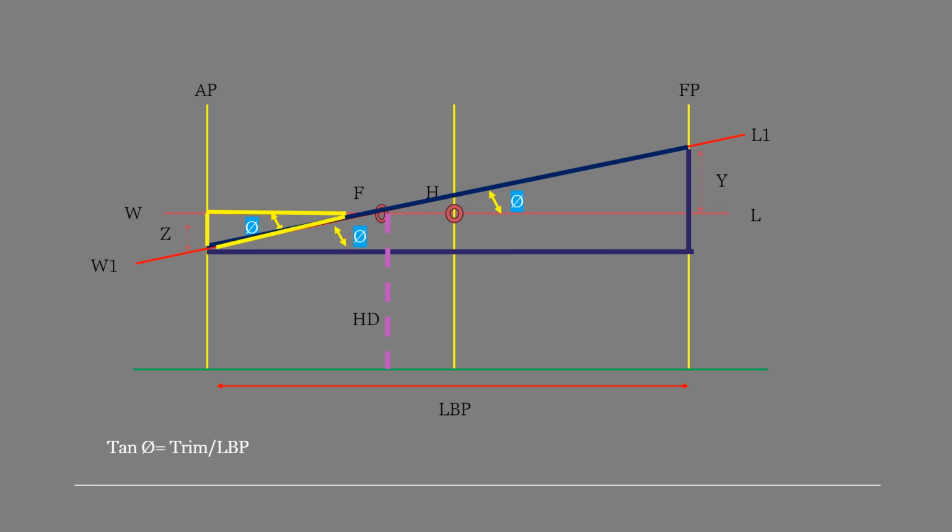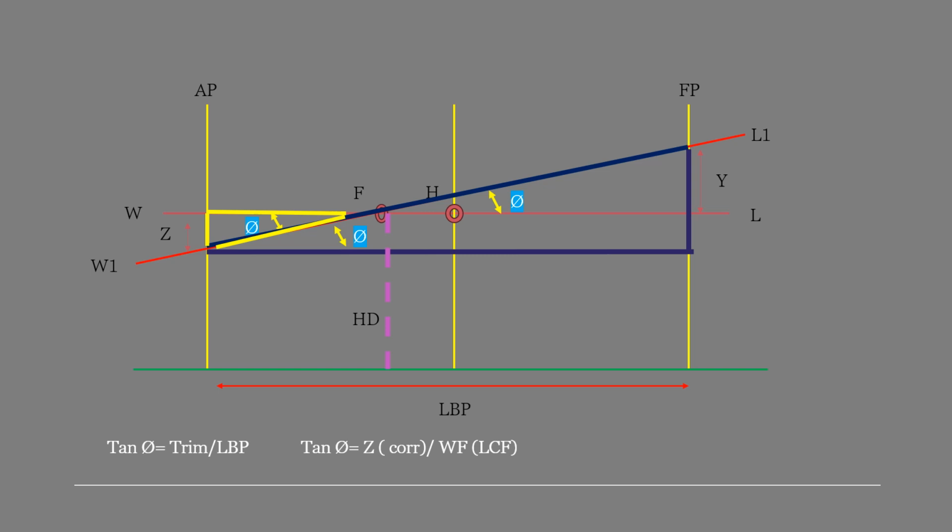Now take a look at the yellow triangle. In the yellow triangle, tan theta is equal to Z divided by WF, which is the LCF.